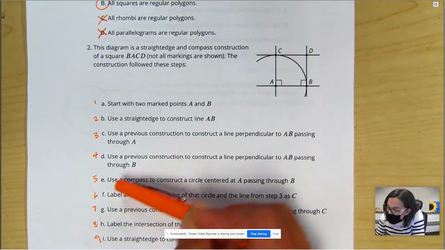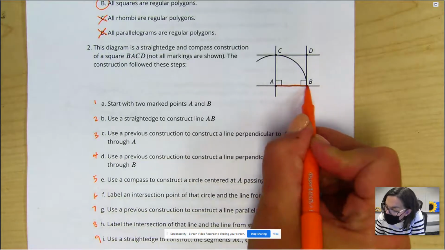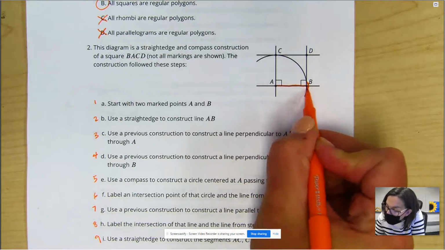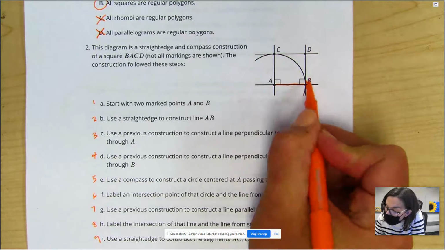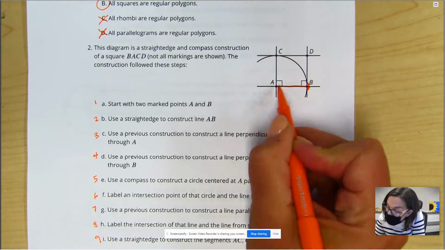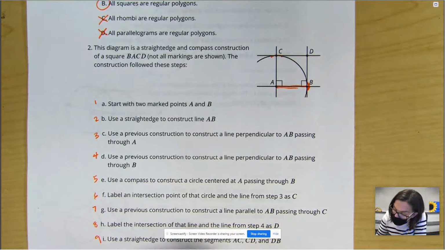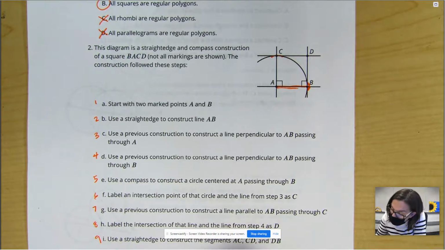And then right around step 5, they're going to ask you, why do you need to construct a circle in step 5? The reason you're constructing a circle is so that you're making sure this side of the square is equal to the segment they gave us here, to make sure the side lengths are equal.